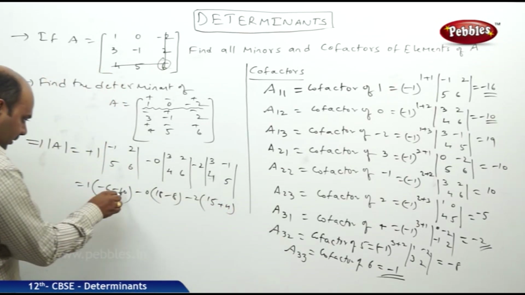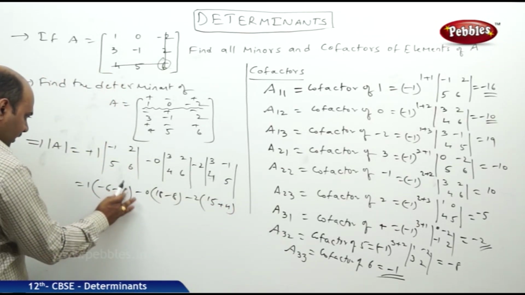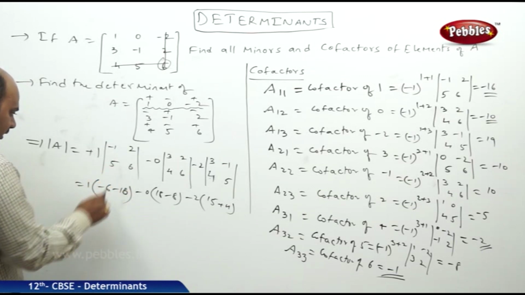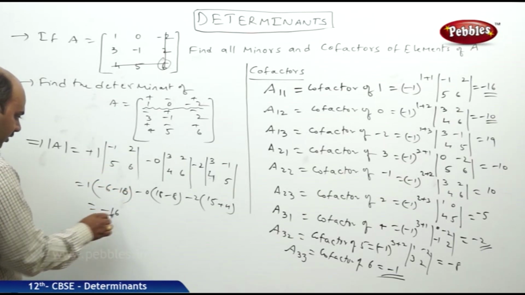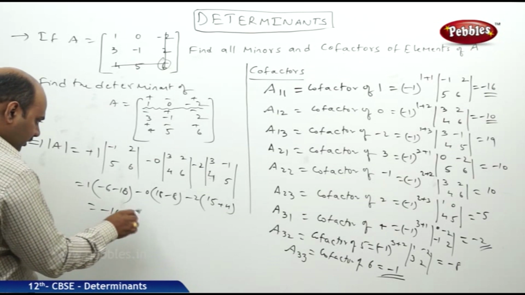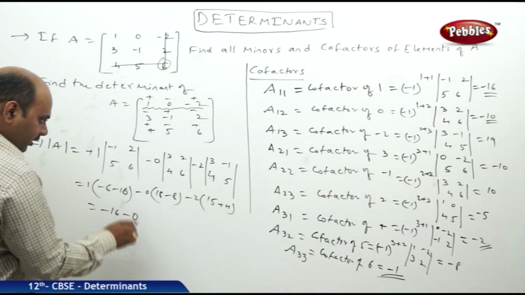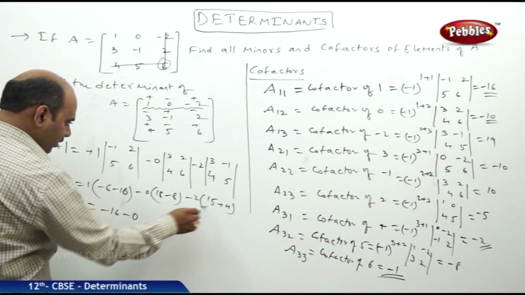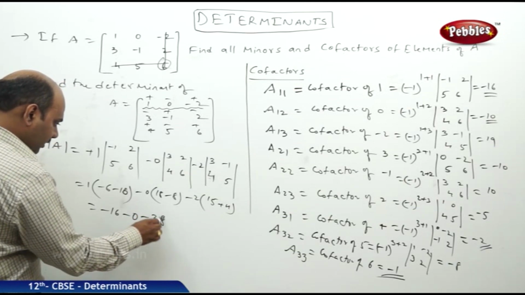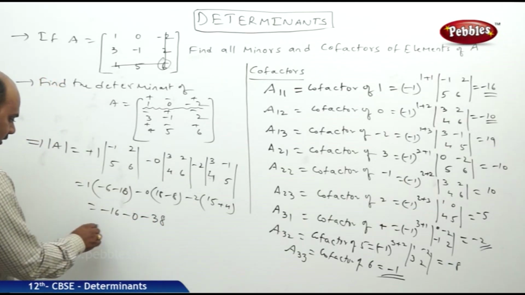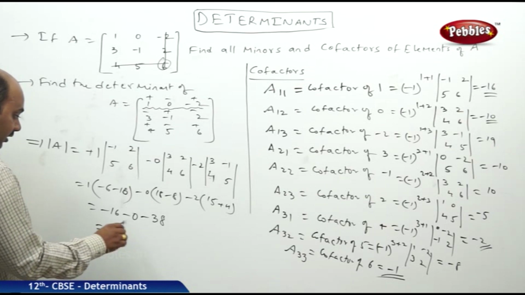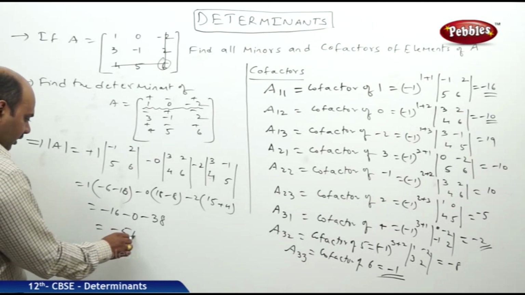So what happens? Minus 6 minus 10 means minus 16. And here this becomes 0. And this becomes 19 into 2. It becomes minus 38. So what happens? Minus 16 minus 38 is minus 54.